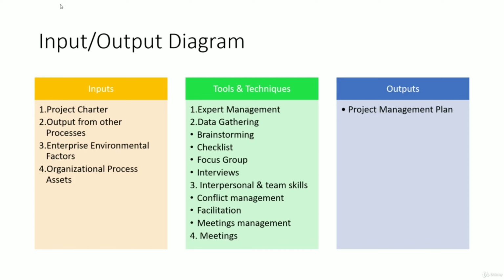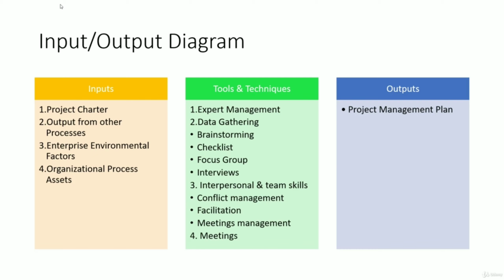So just as for the last activity, business case was an input for project charter, here we have project charter as an input, and along with environmental factors, organizational process assets, and other outputs. Other outputs could be any other document which is relevant to the project and was produced during earlier stages of the project.